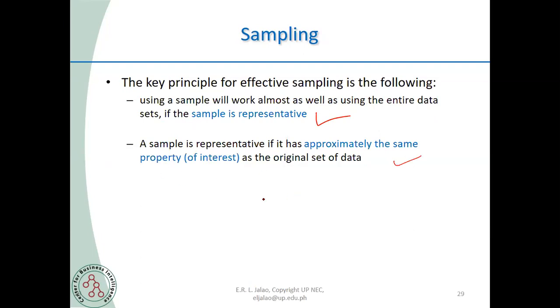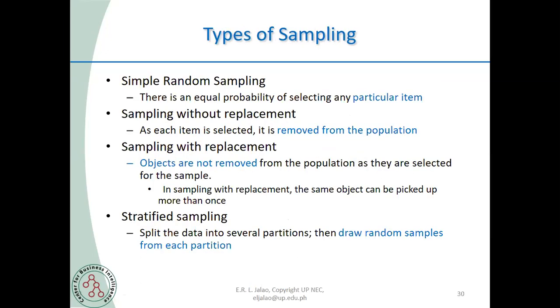Kaya dapat yung sample natin, we consider everything in our original dataset. So kung kukuha tayo doon sa part na majority class, dapat meron din tayong dataset doon sa minority. So random lang siya.